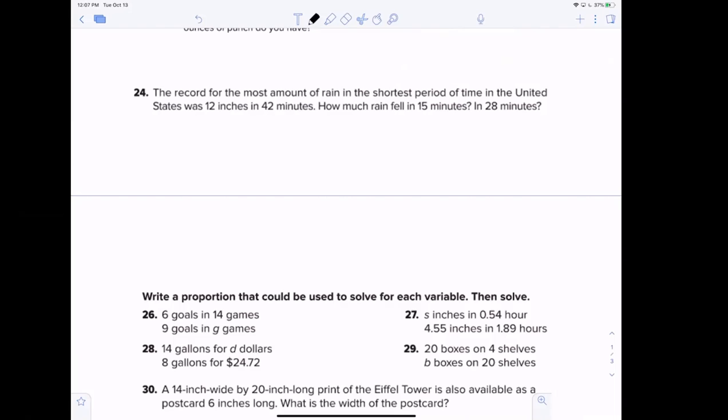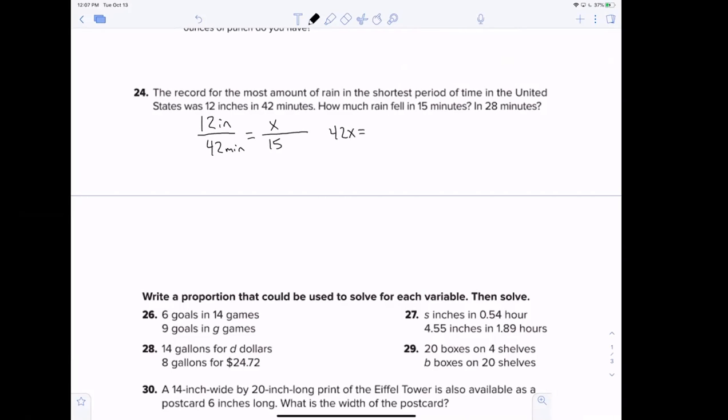So what would I have to do? You have to do inches over minutes. Right, 12 inches is to 42 minutes. And then 15 would be on the bottom, x at the top. You're awesome, girl.